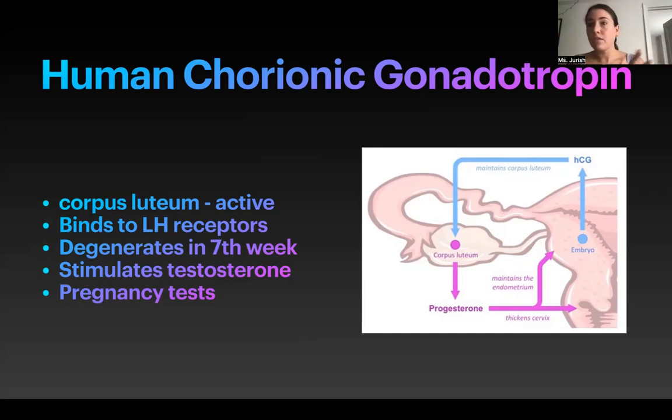There's also a second function of HCG, and that's to stimulate testosterone production by the developing testes in male fetuses. Fetal testosterone and its metabolite DHT are essential for the expression of male characteristics and for descent of the testes into the scrotum before birth. HCG is also the chemical detected by pregnancy tests.